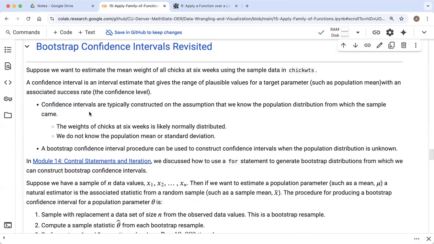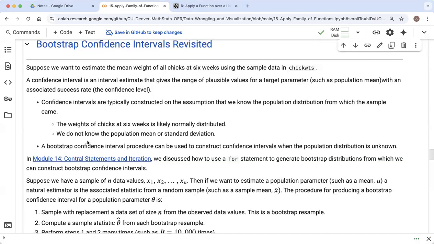There are some situations where we know what the population is from which we're sampling, and we can use theoretical models to come up with a theoretical description of the sampling distribution. In this situation, we don't know the population. That's the whole point: I don't know what the mean of the population is. So I cannot use something like a central limit theorem necessarily to help me here.